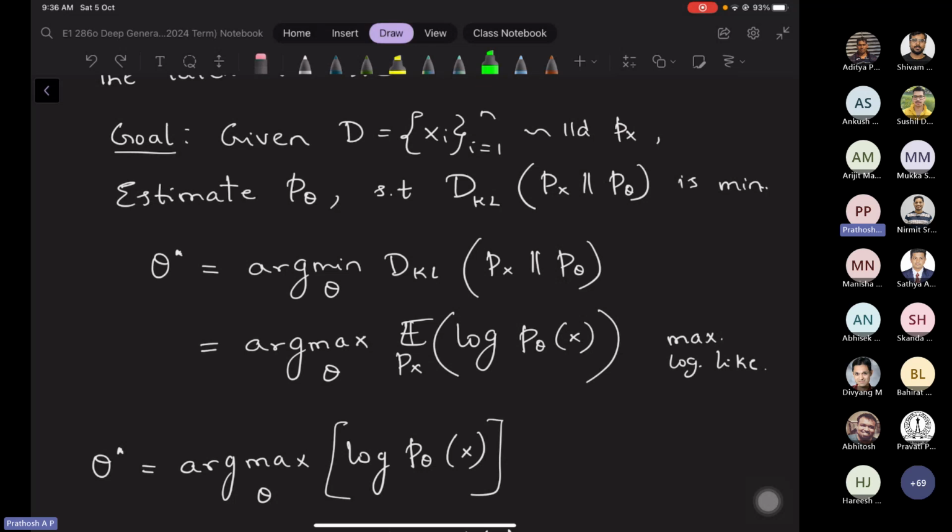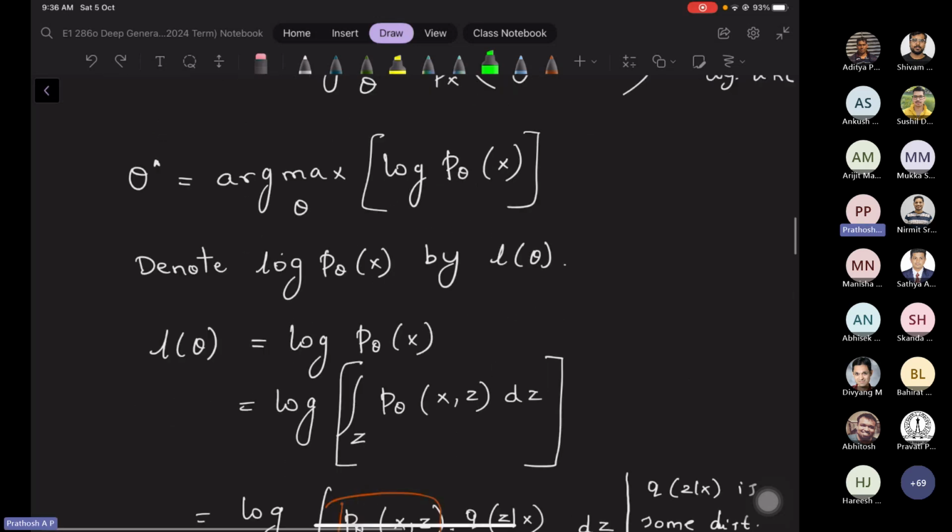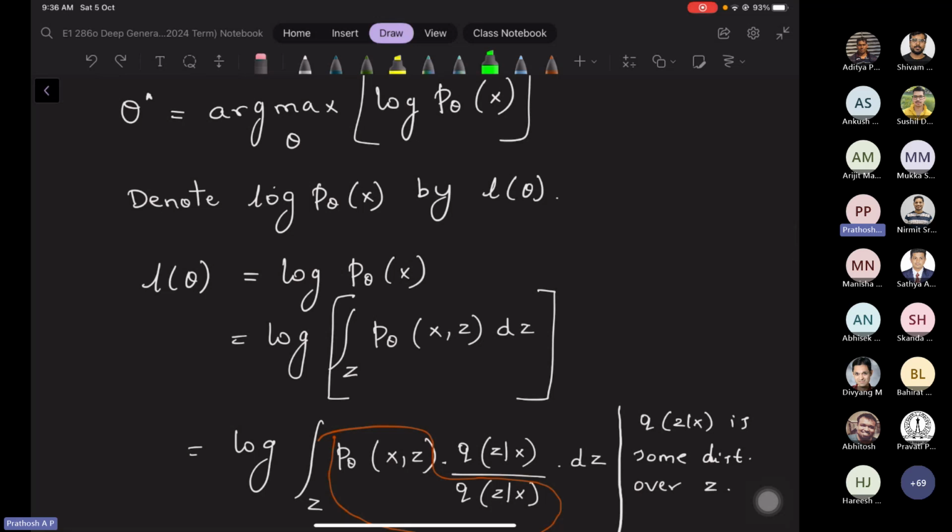So for the rest of the lecture, I will be using the term maximization of log likelihood, not minimization of KL divergence, because they are equivalent. The reason is that it is what is usually used in the literature everywhere.